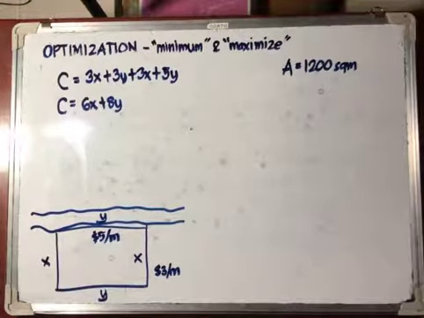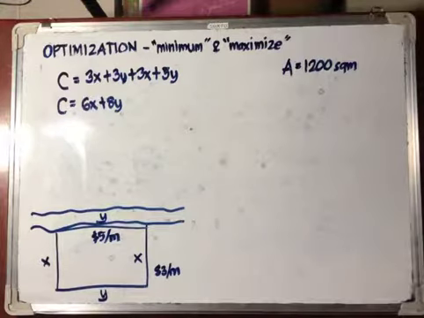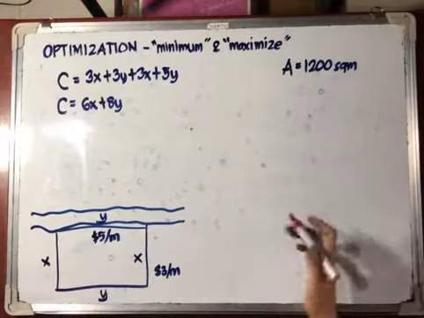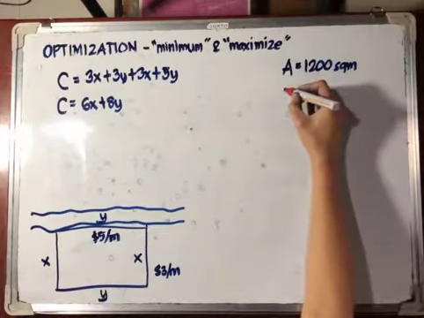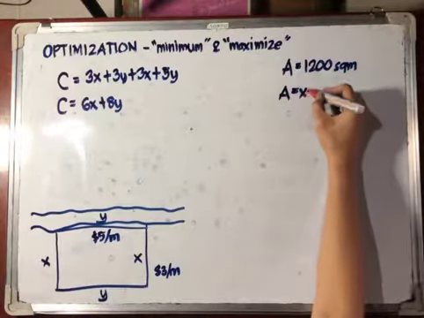Step 2 is to express them in one variable. For you to be able to express them in one variable, use the given information, which in this case is the area. The area of this garden to be enclosed is 1,200, and the area is equal to x times y.